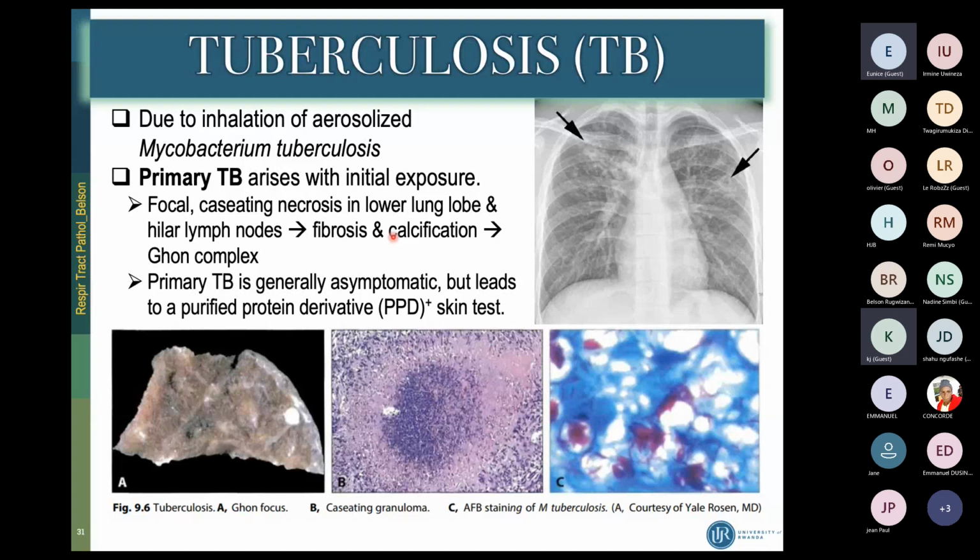Ariko rimwe na rimwe ashobora kunanuka, akorora, hagira ukeka ati reka turebe na tuberculose, bagakora x-ray, bagakora purified protein derivative skin test, hanyuma yaba positive bakamenya. So when you do a biopsy, you find a granulomatous inflammation. You saw that in inflammation in general pathology.